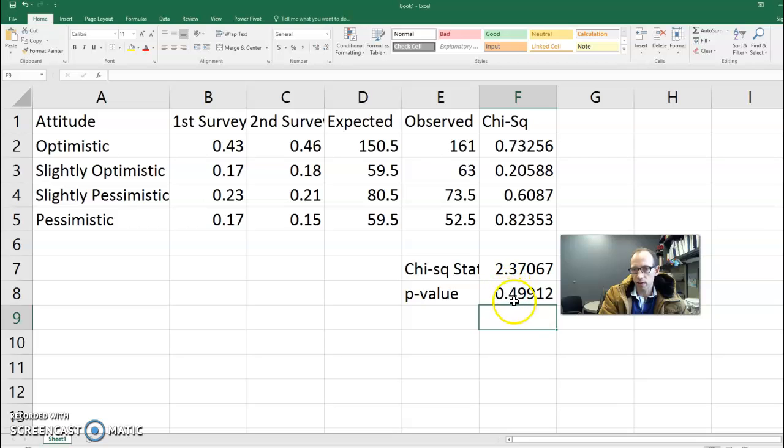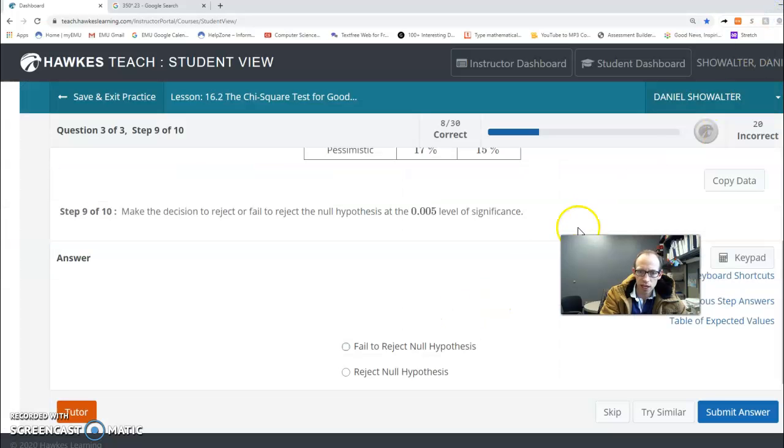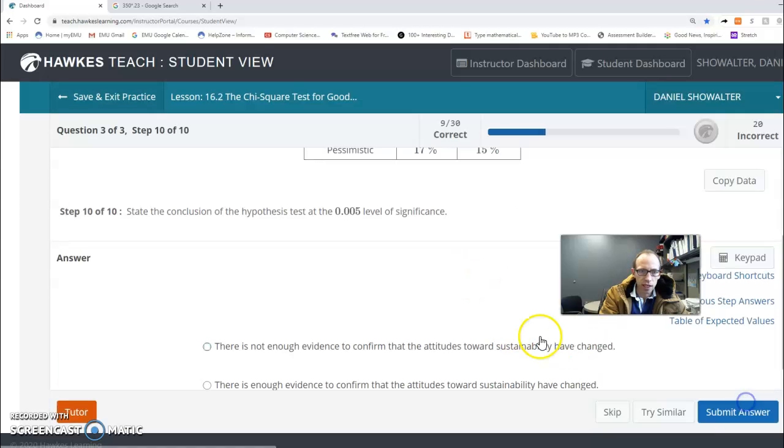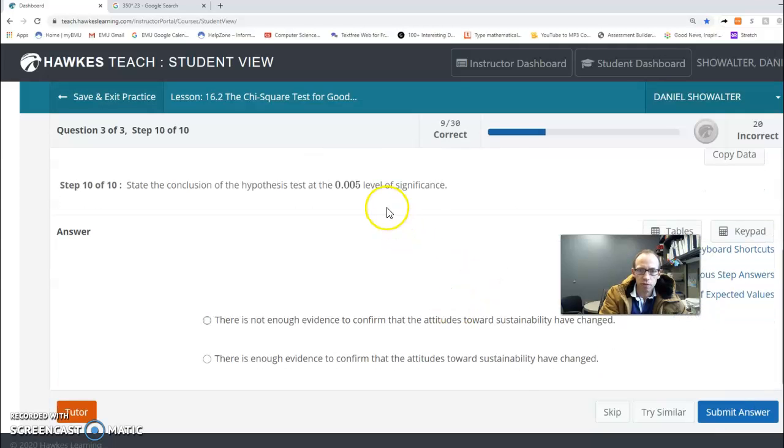And that's going to give us 0.499. So again, the decision to reject the null and find statistical significance would be if our p-value was below our alpha level, which I think in this case was 0.005 or something like that. So clearly we're well above that, which means we have no chance of rejecting it. This is fail to reject. We do not have statistical significance here. So failing to reject means there's not enough evidence to confirm that anything has changed.